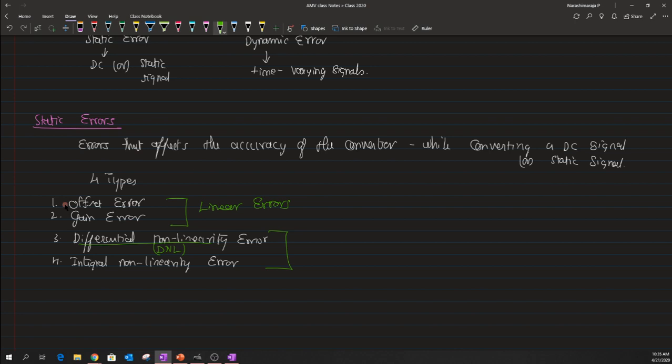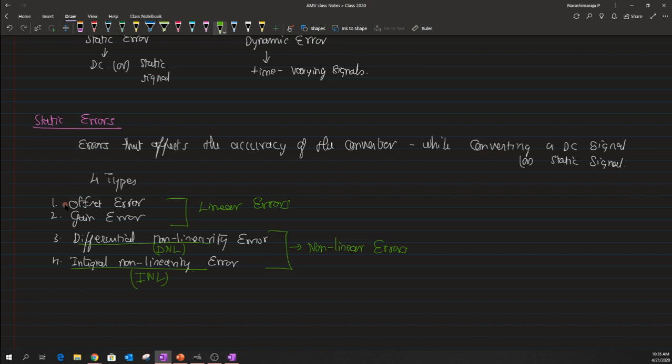Similarly, one could have a shorter form for integral nonlinearity, which is nothing but INL. So these are the two types of errors, and we call these errors nonlinear errors. So the static errors can be further categorized as linear errors and nonlinear errors, and under each type we have two types in them.